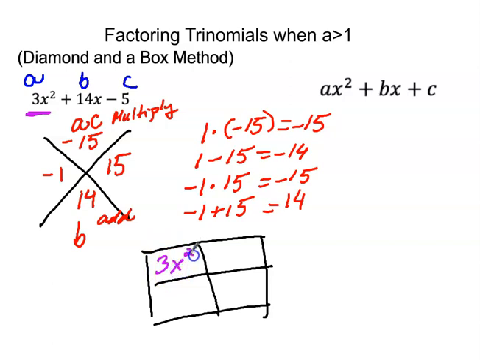So 3x squared goes here. And then the last one, negative 5, is gonna go on the bottom right. Then negative 1 and 15, we're gonna write diagonally: negative 1 with x next to it, and 15 with x next to it.